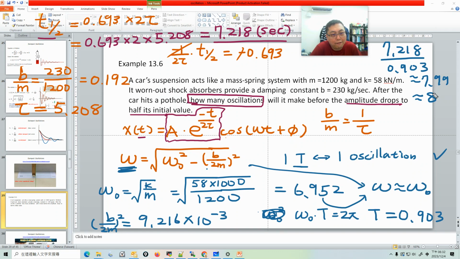Actually it's just a half-life problem, but it wants us to transfer the time to reach half of the initial value into how many oscillations, by dividing by the time for one period, because one period is one oscillation.